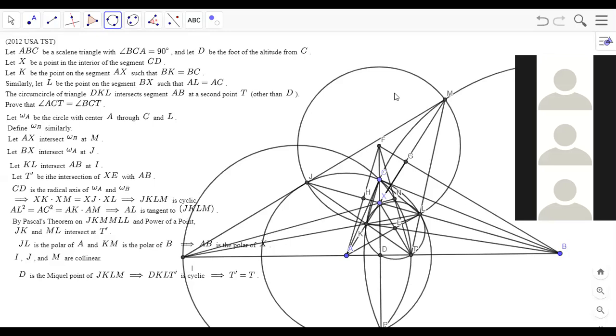So ultimately we're trying to show that A, B, T, and I are in harmonic conjugation. And then once we know that, if we can show angle ICT is 90 degrees, that would prove that angle ACT is angle BCT.